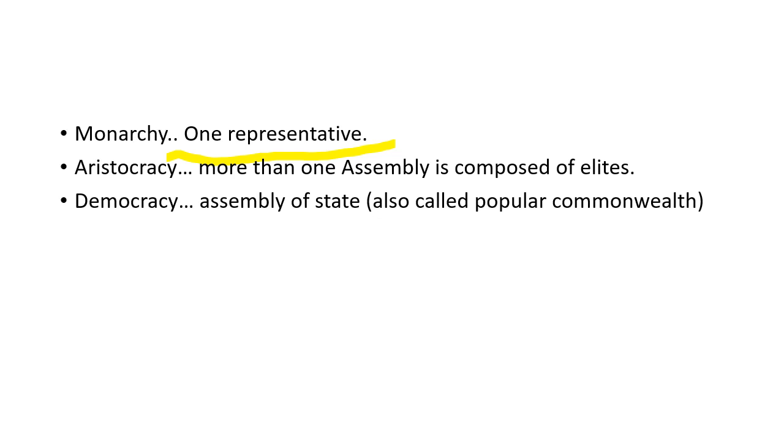And the next one is aristocracy. According to Hobbes, if the Commonwealth is composed of an assembly of elites, more than one person, then such a class of Commonwealth is called aristocracy.